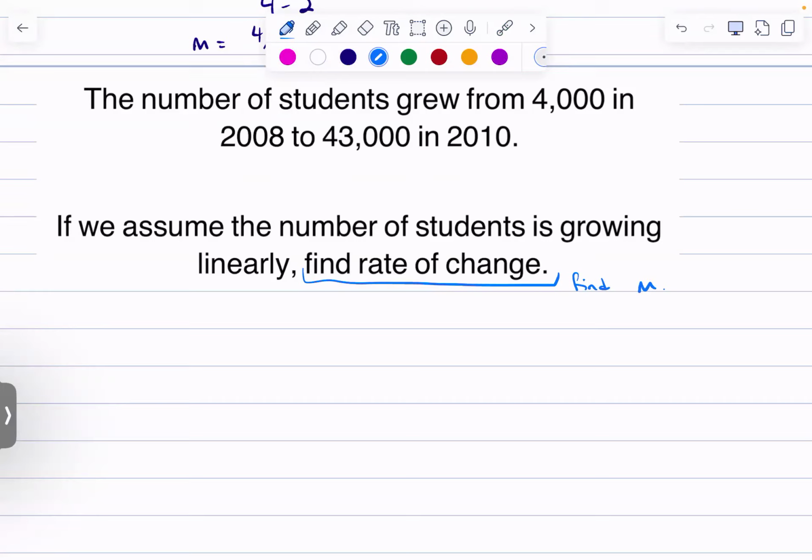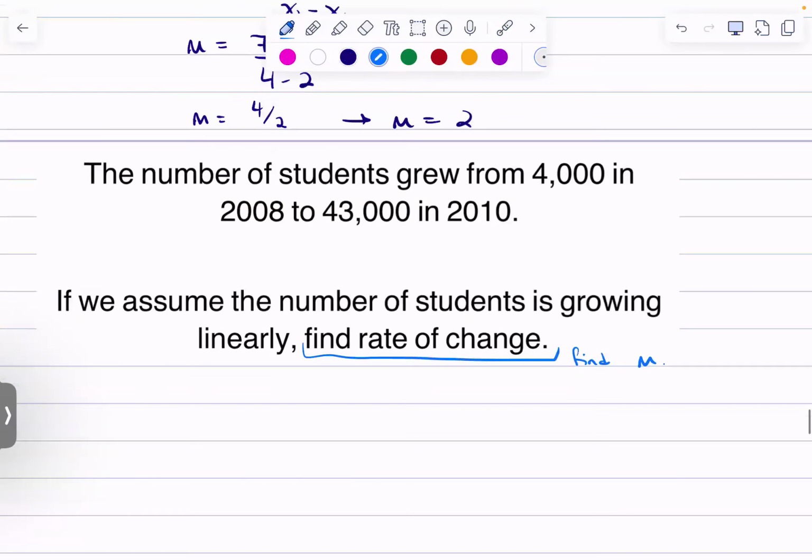What do we need to find the slope? Well, we need 2 points. We are given 2 points, but we have to think a little bit about inputs and outputs. We are talking about the number of students and the year.